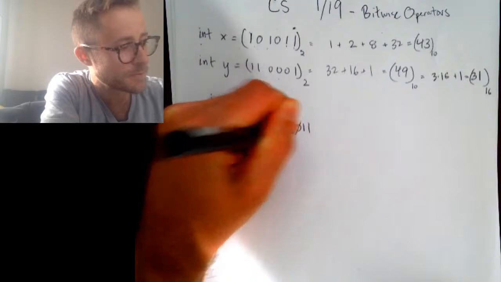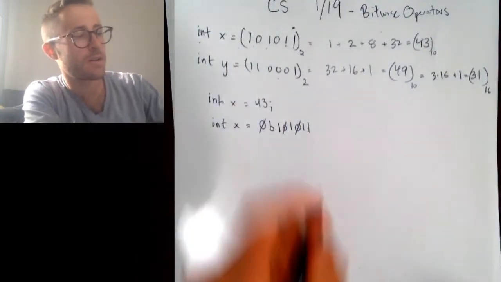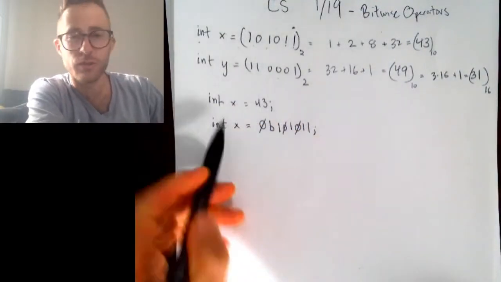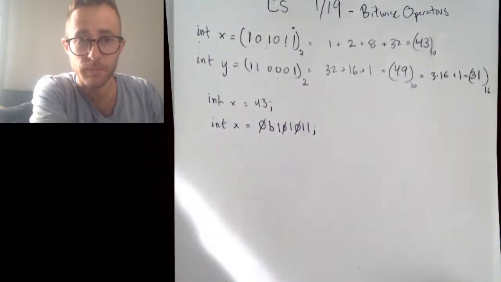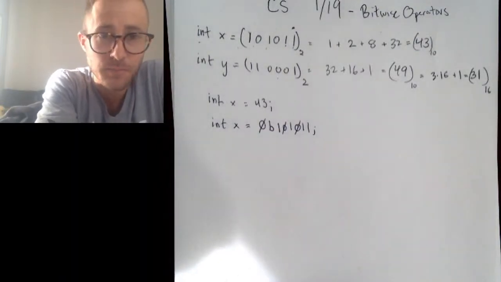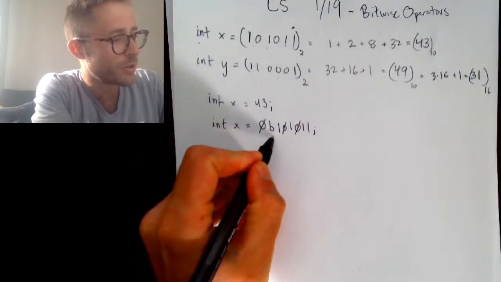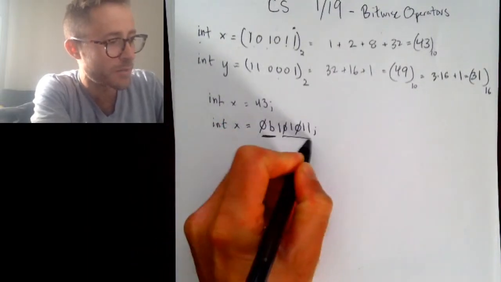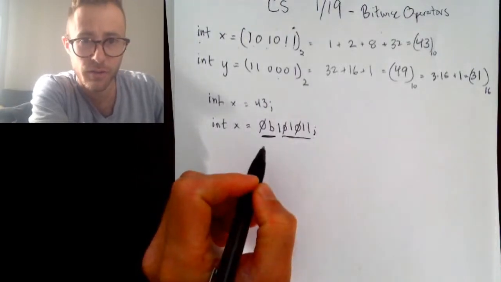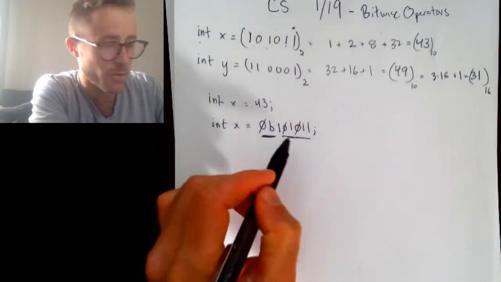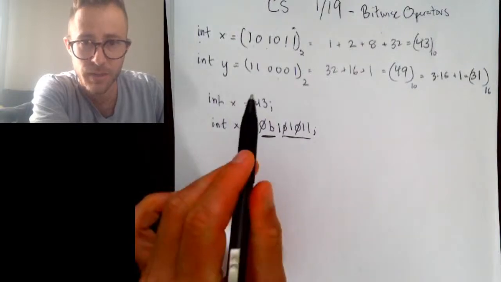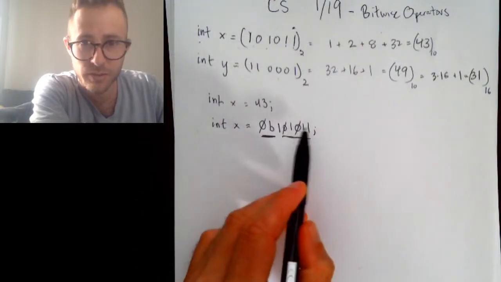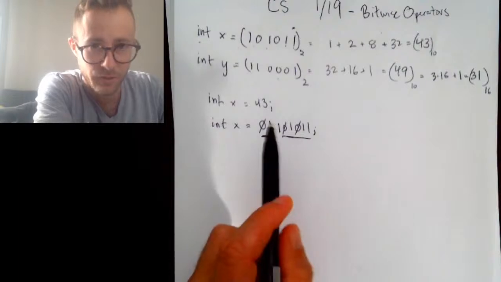These two expressions will do the same thing. So 0b preceding a binary number tells the compiler that this number is in binary. It's not 101,011. It's in binary.